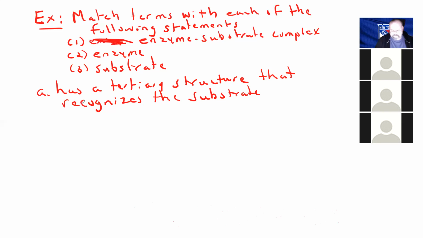Okay. So we talked about the fact that an enzyme will only lower the activation energy for a reaction if you can get an enzyme substrate complex to form. Excuse me, one second. Okay.